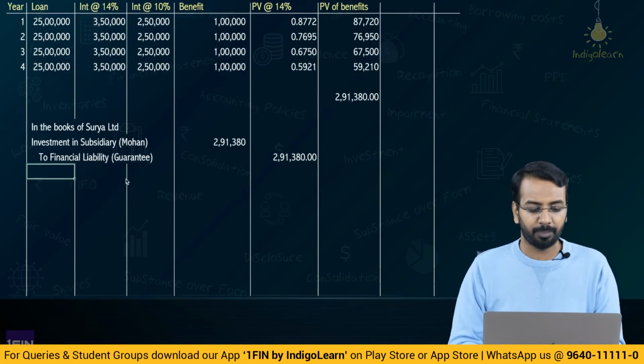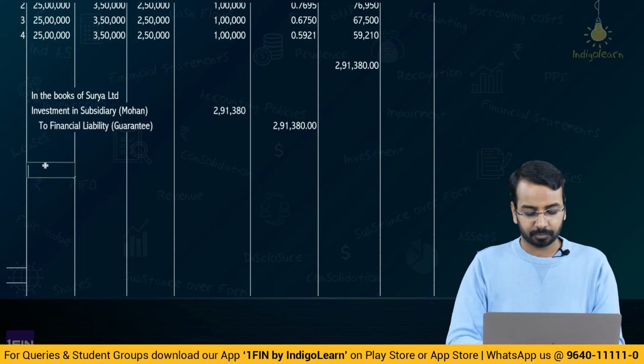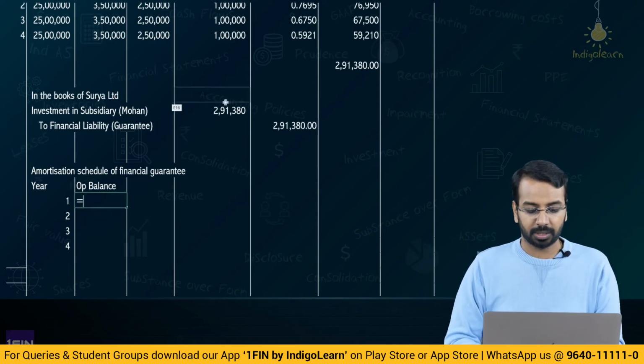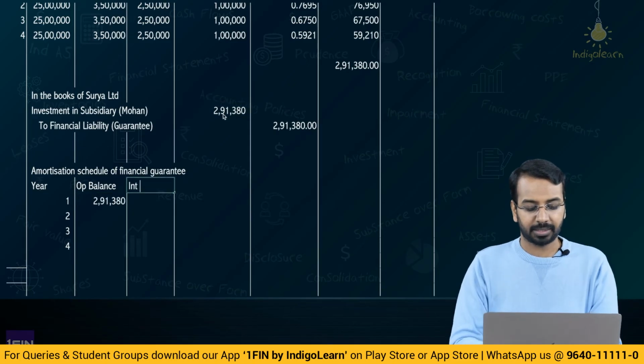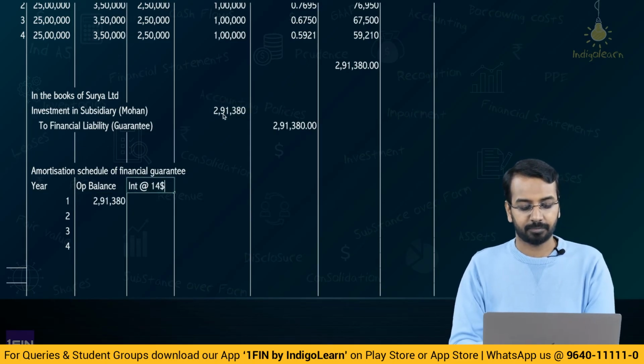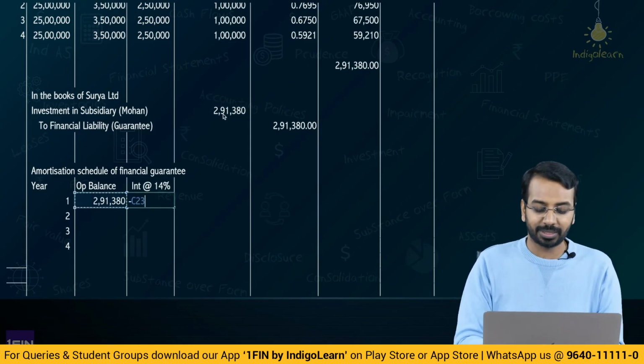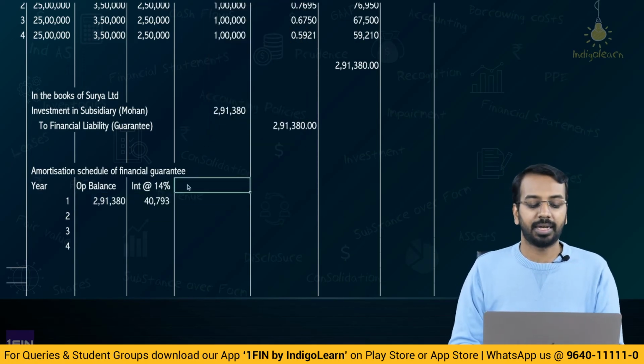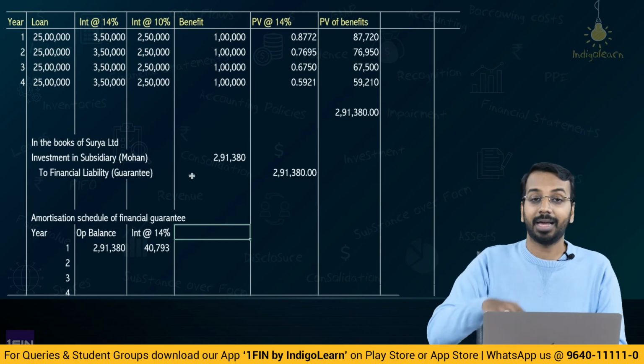and you will see what is the closing balance each year. Okay. Now, year 1, 2, 3, 4, opening balance 291,380, interest at 14%, which is 291,380 multiplied by 14%, 4793, interest 4793, and 1 lakh of benefit has expired, right?